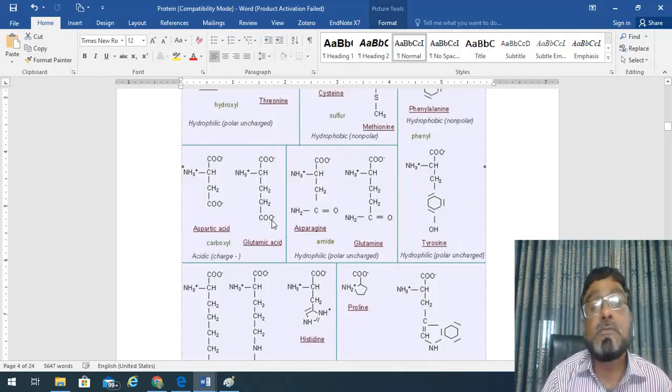Then against that, there are some derivatives from amino acids. One is made from the aspartic acid, this is the asparagine, and the other is made from the glutamic acid, that is the glutamine. So look at this one. This carboxylic acid is actually replaced by the amide group.